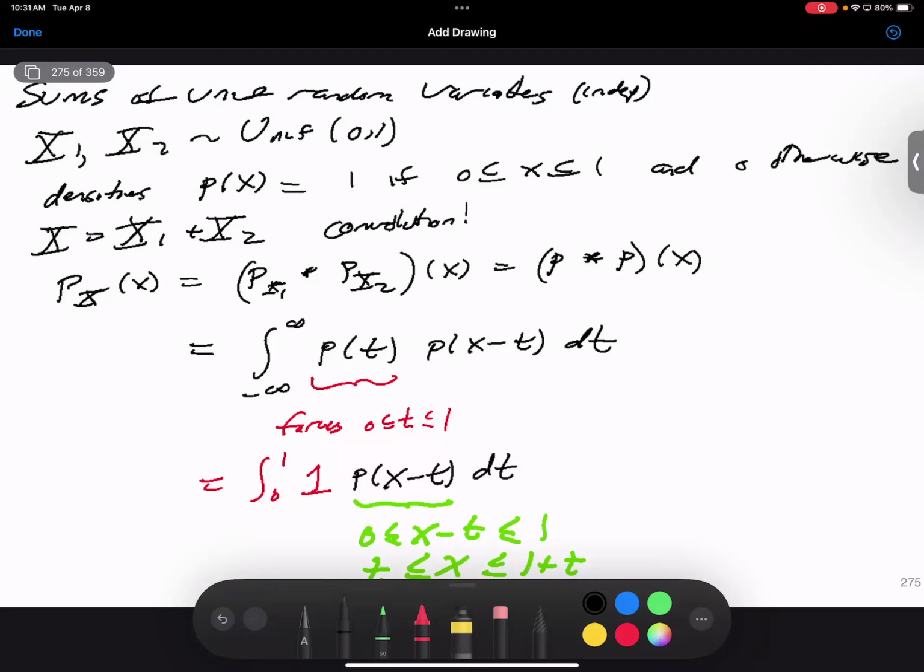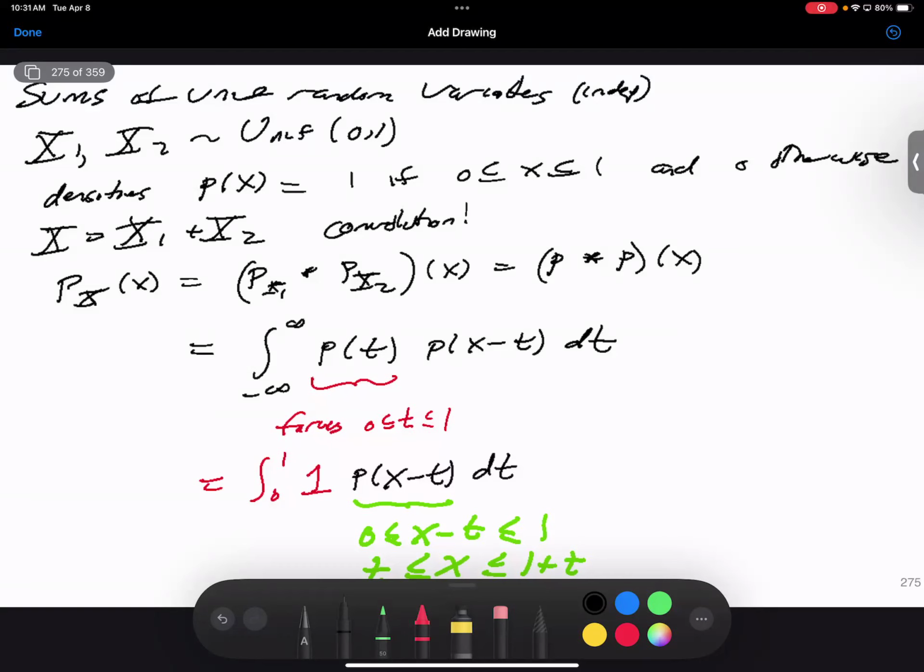So over here, because I have a P of t, this is 1 so long as t lives between 0 and 1. If I take t equals 5 or t equals -2, it's going to be 0. So I can replace this with a 1 as long as I restrict myself to t between 0 and 1. And that's how I get from the first equal sign to the second to the third. Instead of integrating from minus infinity to infinity, I'm now integrating from 0 to 1.